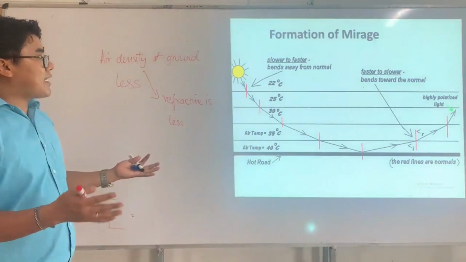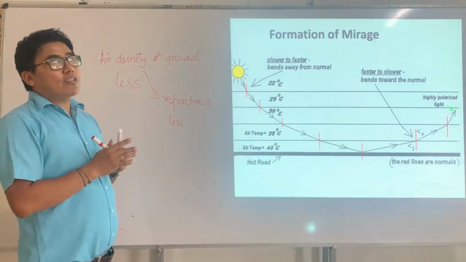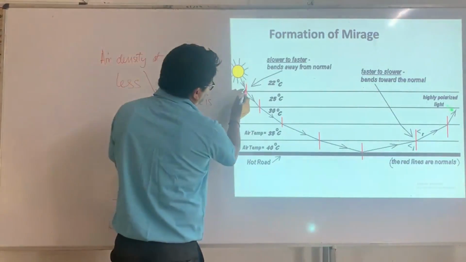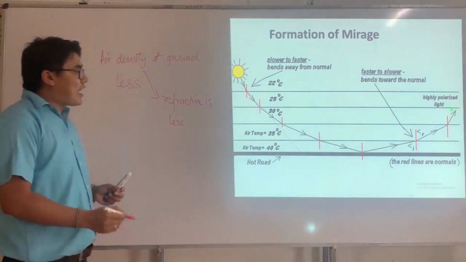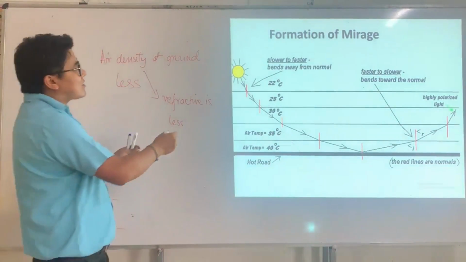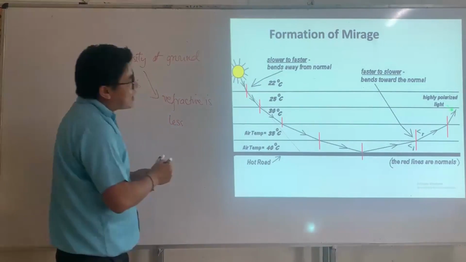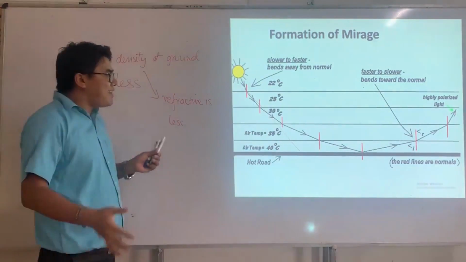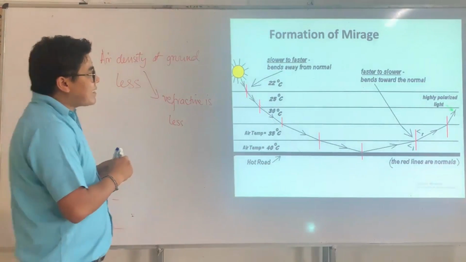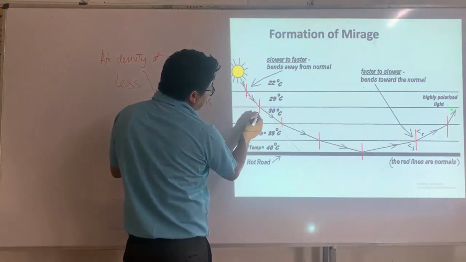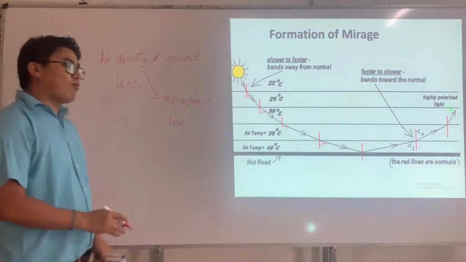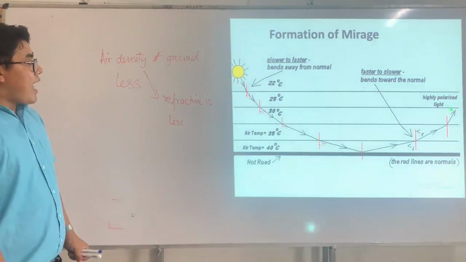So in hot summer times, instead of light traveling straight, light travels in a bending path. Why? Because every moment light undergoes bending. And what kind of bending? Bending away from the normal.